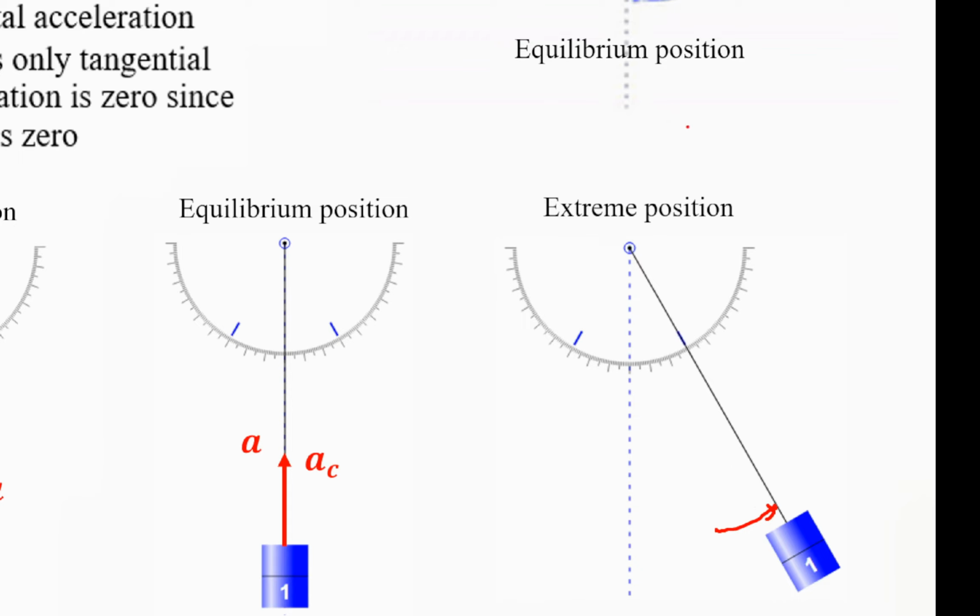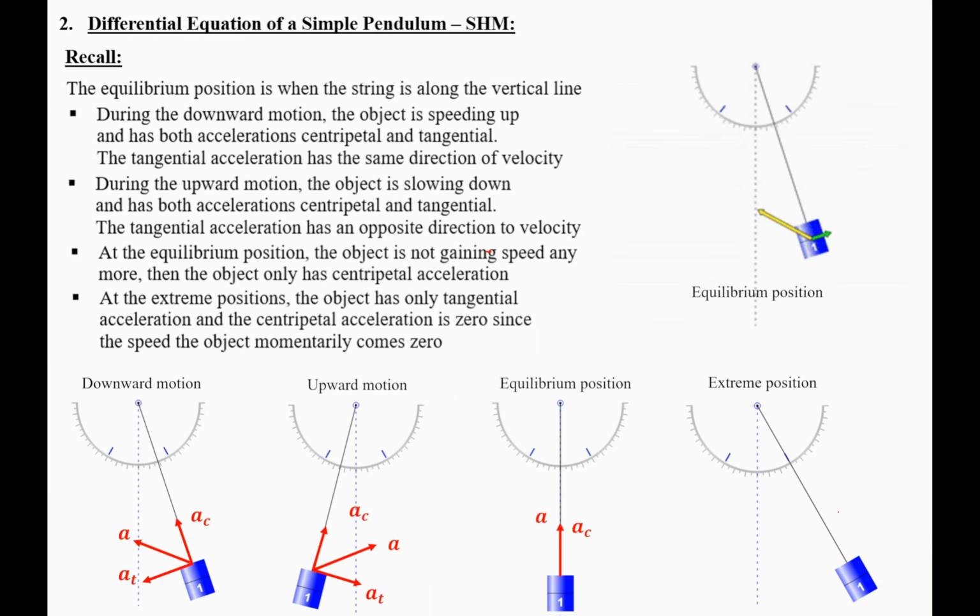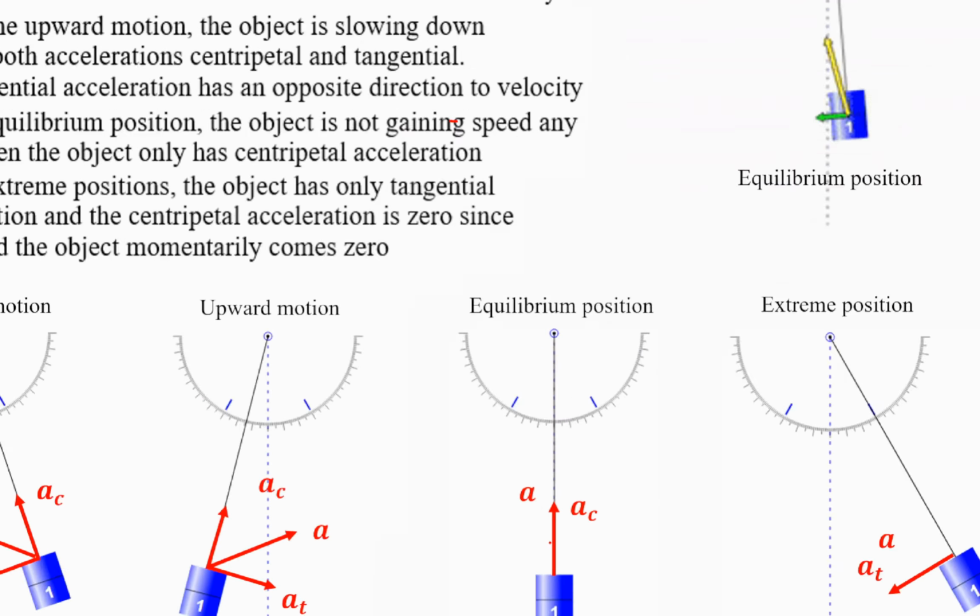If the speed vanishes, we know that the centripetal acceleration is given by v squared divided by r, so that would be 0. So we're going to have 0 centripetal acceleration at extreme positions. However, we would have tangential acceleration which is maximum at the extreme position, like that. And that would again be the total acceleration, and this is also the total acceleration in this case.